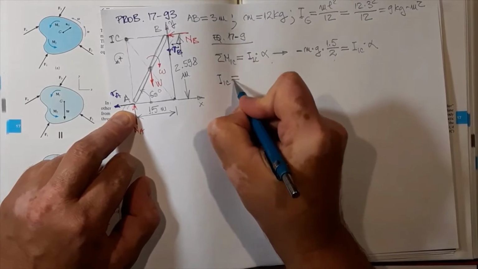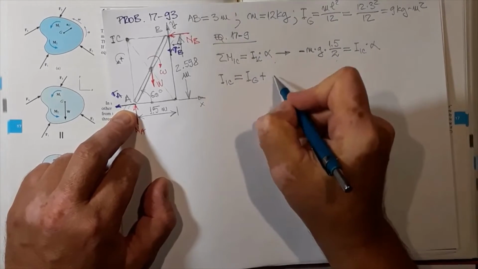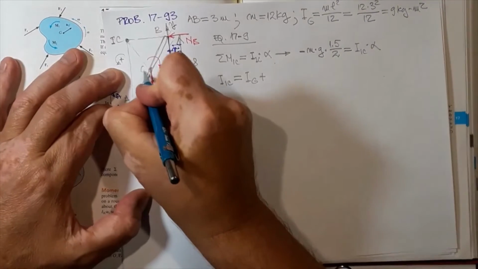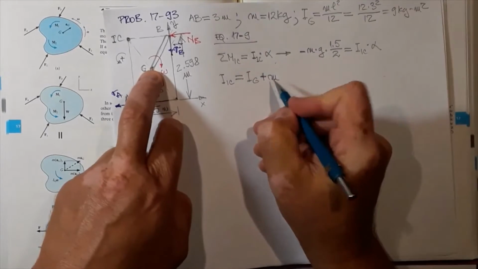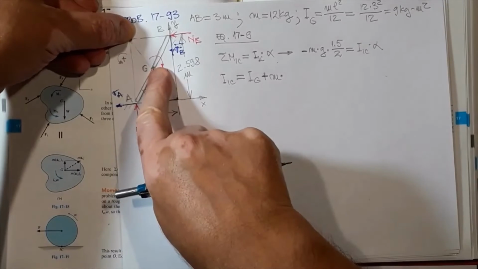I said that we're using the parallel axis theorem, so it's going to be I centroidal plus the mass of the bar times the distance from the point to the centroid squared.